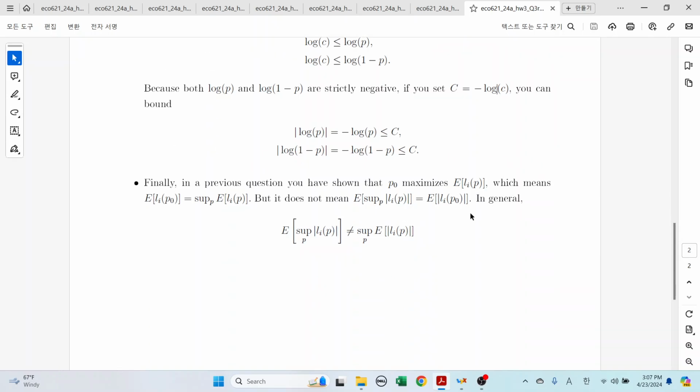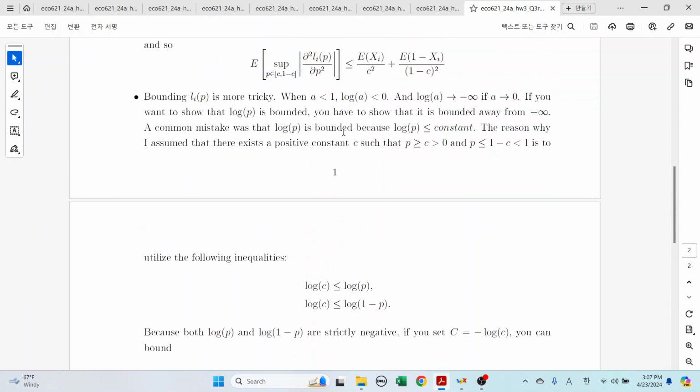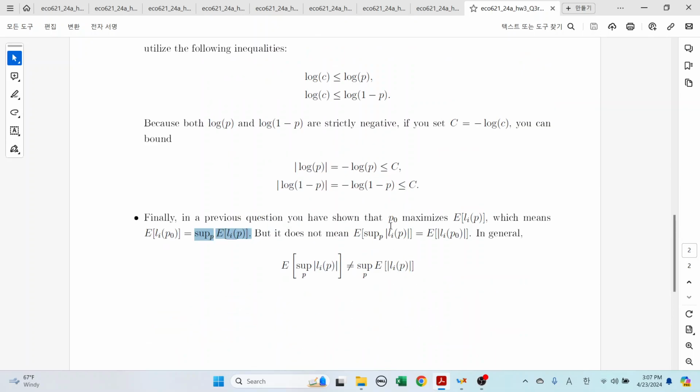Finally, I want to mention this. I'm not sure if you have thought about this. Earlier, in a previous part, we have proved that P0 maximizes this guy, right? Which means that if you plug in P0, that is the supremum of this guy. But this is different from what we are doing here in the bound, because mathematically this equality does not hold, right?